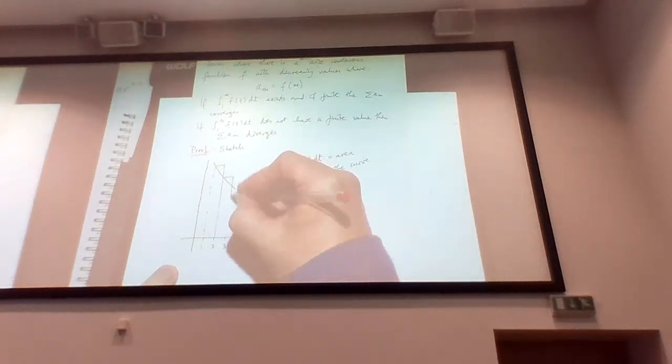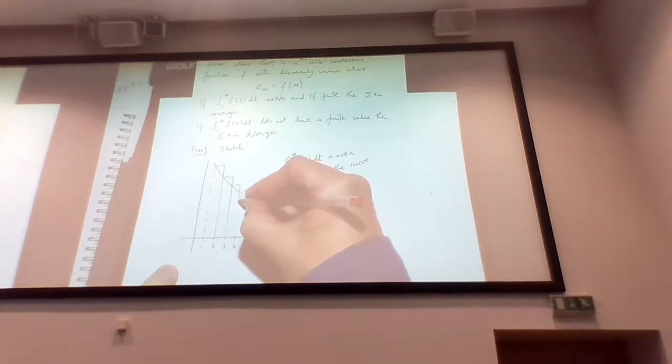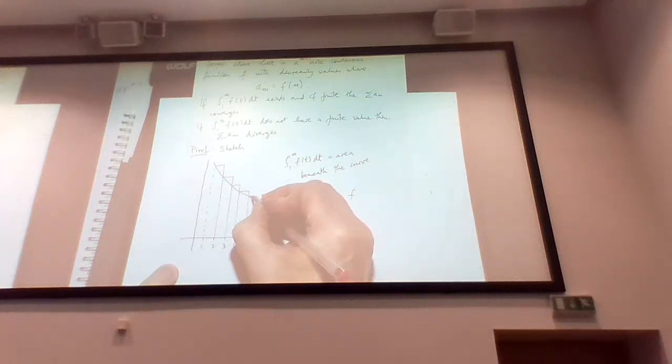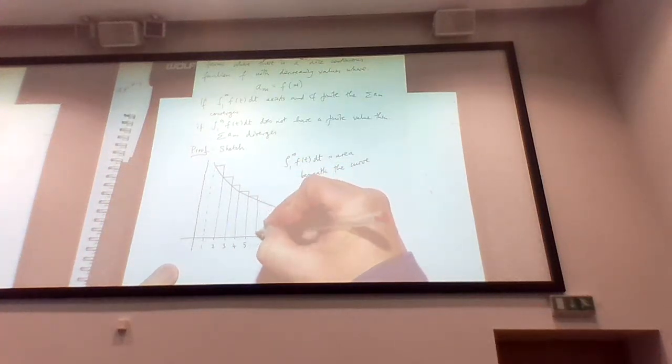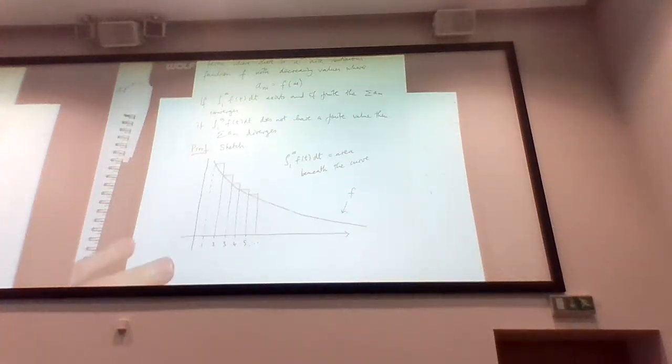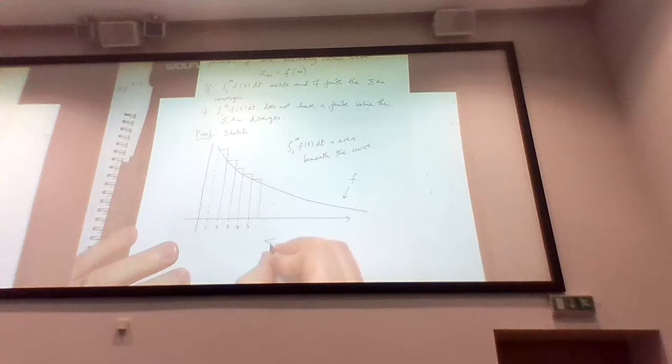This rectangle has area A2. This rectangle has area A3. That rectangle has area A4, and so on. The sum of the series corresponds to the area of the rectangles.